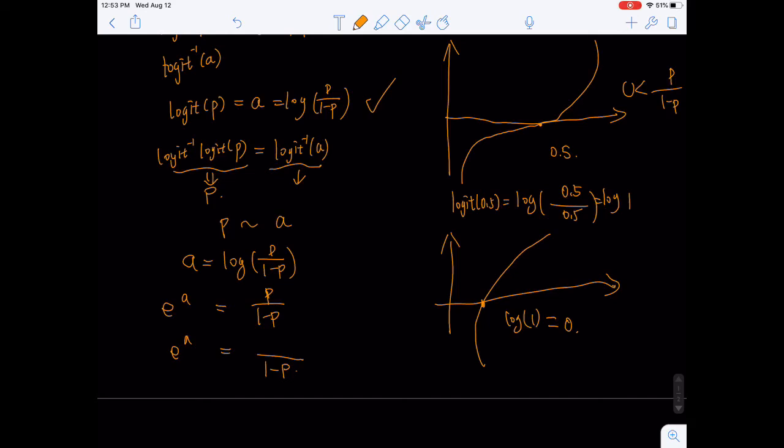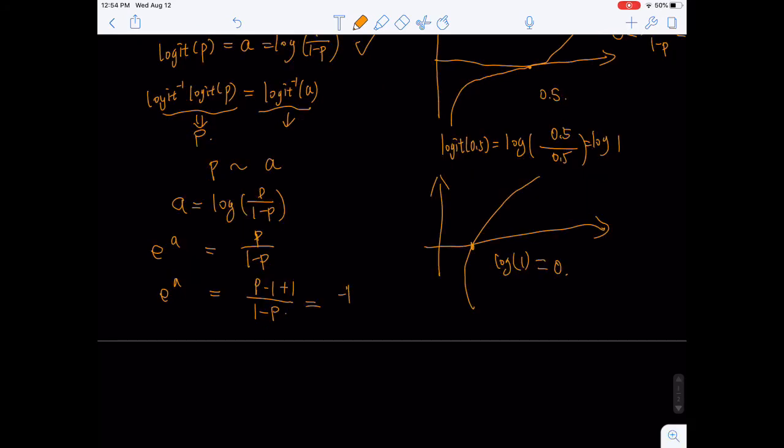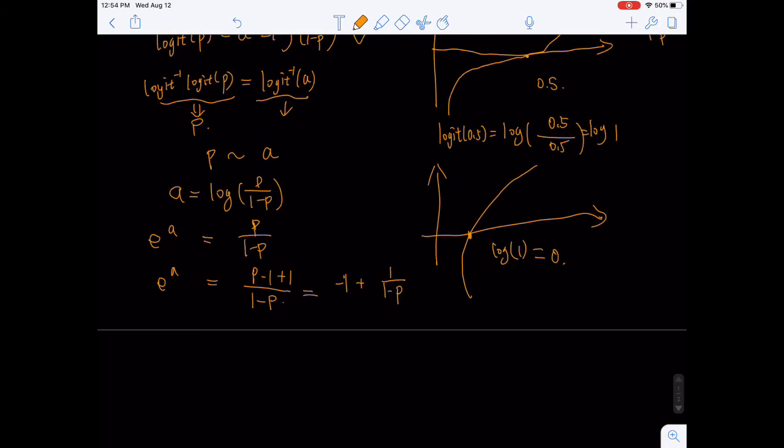We can modify the numerator as p minus 1 plus 1, and if we further simplify that, we will get minus 1 plus 1 over 1 minus p. Let's move this minus 1 to the left-hand side. e to the power of a plus 1 equals 1 over 1 minus p.